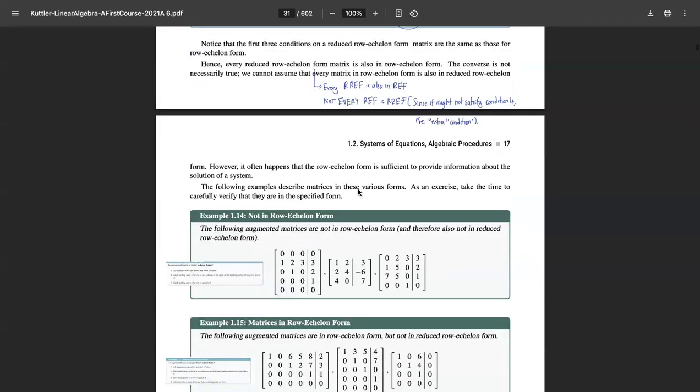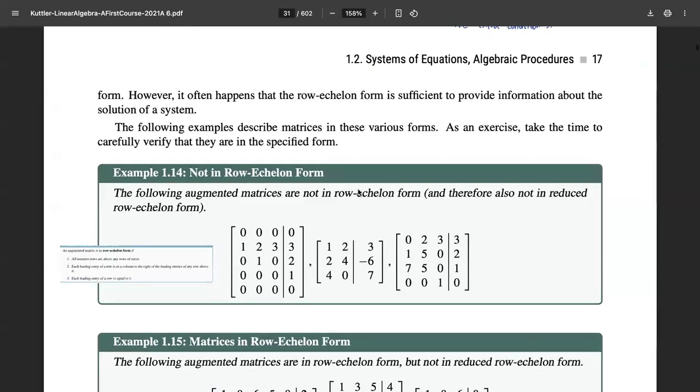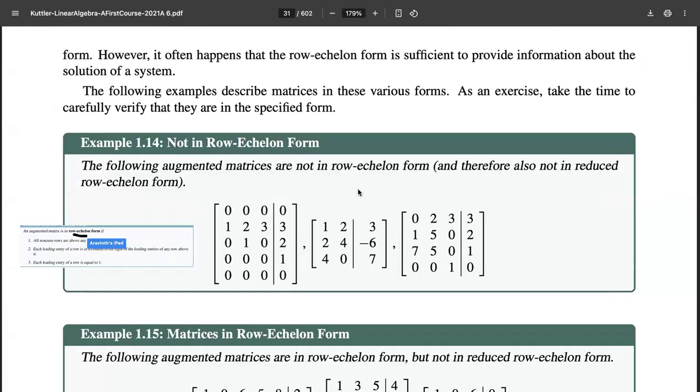So right here I have the definition of row echelon form. And we want to show that these matrices are not in row echelon form, so they should not satisfy one of the conditions. For the first matrix here, it's easy to see that the row of all zeros is at the top, but we need to shift it to the bottom, right?